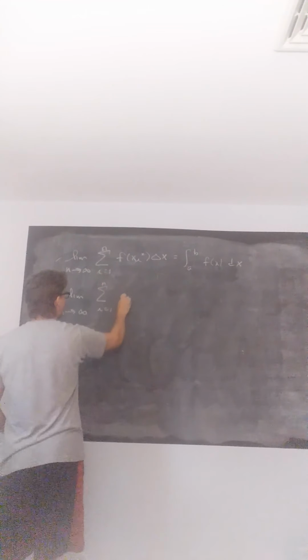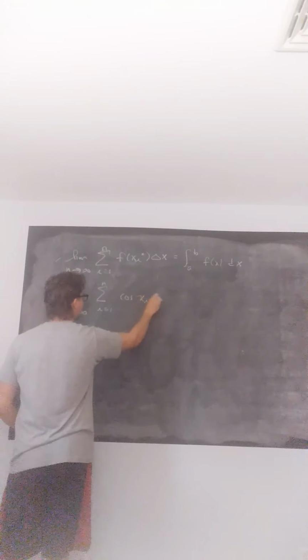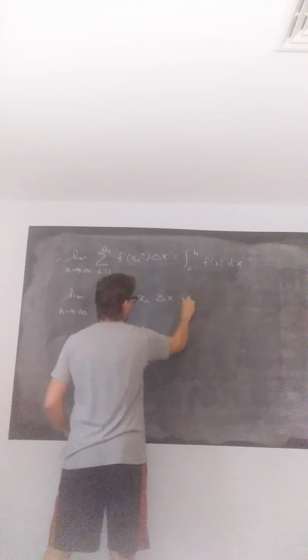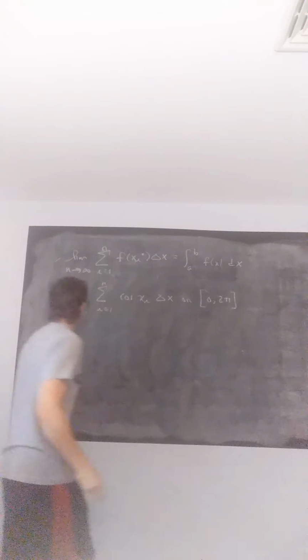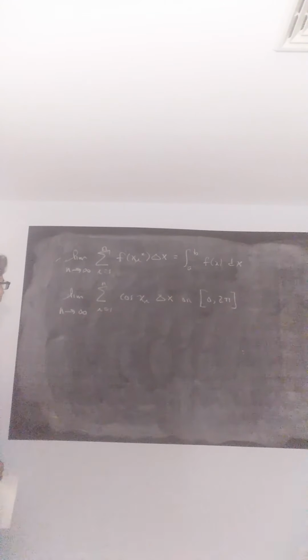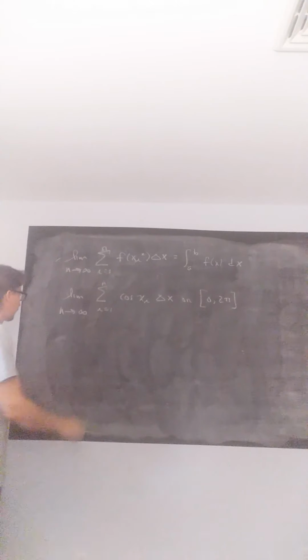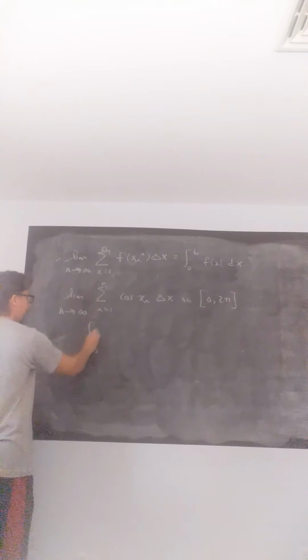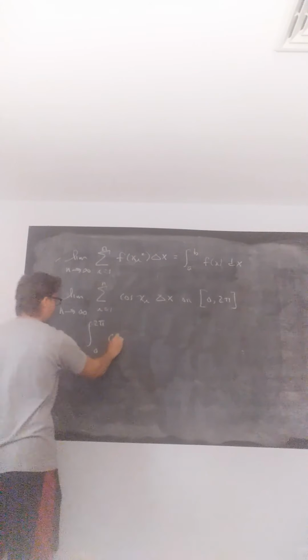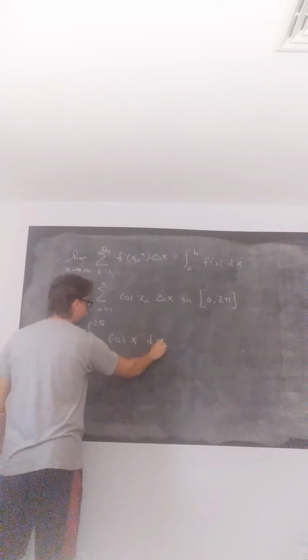So say for example we have something that looks like this. The limit as n approaches infinity of the summation from i equals 1 to n of cosine x sub i delta x over the interval from 0 to 2 pi. It's very easy to rewrite this. Our lower bound of integration is 0, and our upper bound is 2 pi, and our function is cos x dx.